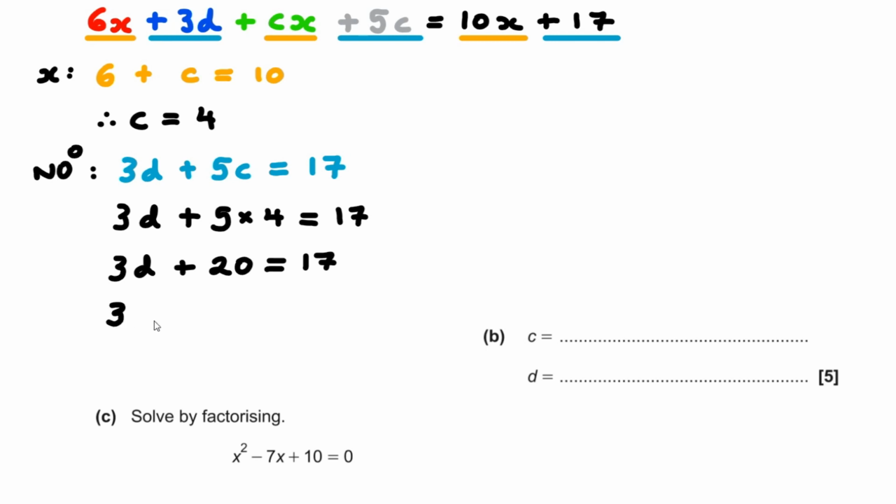Subtracting 20 from both sides, 3d equals -3, which means d equals -1. So I've got c equals 4, d equals -1.